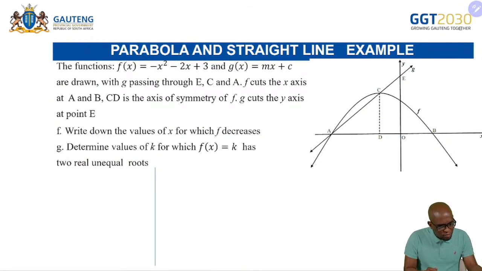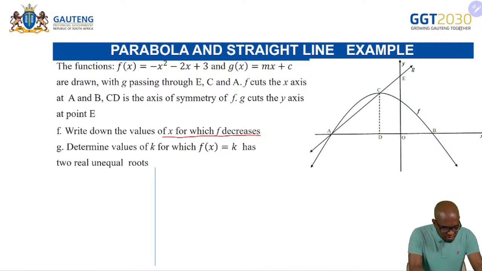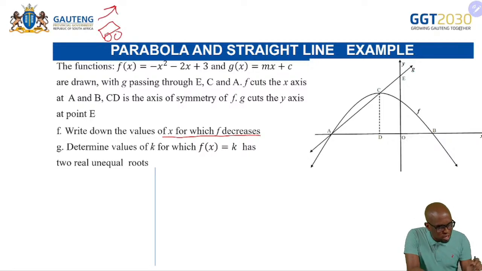Write down the values of x for which f decreases. They want the portion of the graph that would be a decreasing function. Remember, I said with our toy car, if it goes up, we are talking about the increasing function.